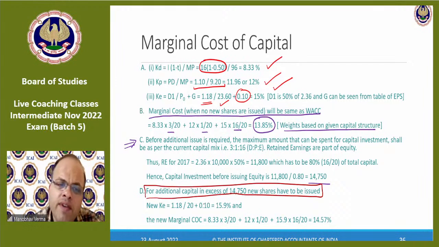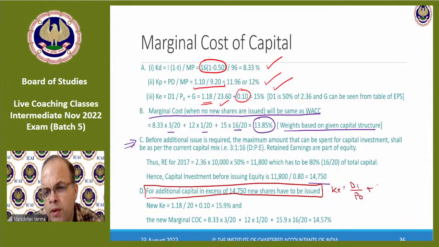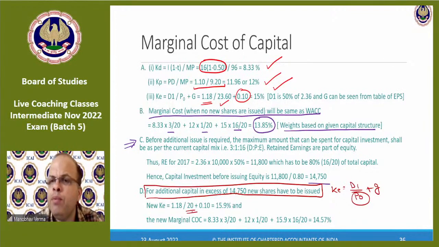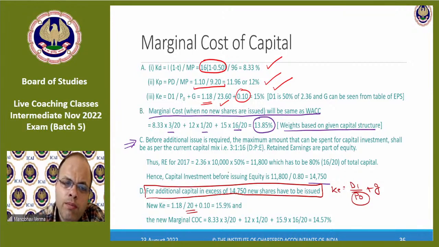And for new shares, we have given that the new KE is equal to D1 upon P0 plus G. The P0 given to us for the new is 20. So Karthik, I hope you can see that probably they have taken into account the flotation cost as a net impact. So now it is not 23.6 what we were talking about earlier, it is 20. So 1.18 upon 20 plus 0.10, my cost of equity has gone up.